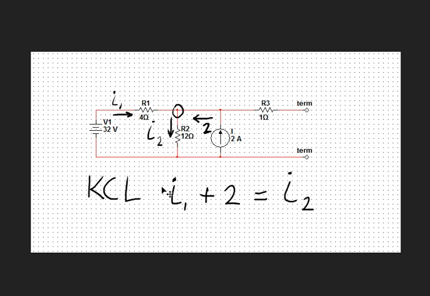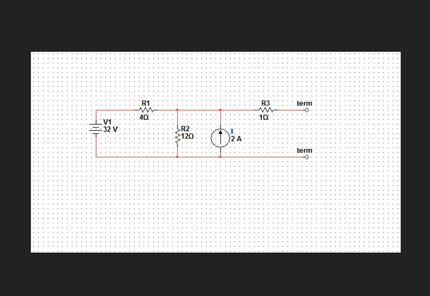So based on Kirchhoff's current law, the current entering the node should be equal to the current leaving the node. So in this case, I1 plus 2 would be equal to I2, which is leaving the node. Okay, let's proceed with our calculations.